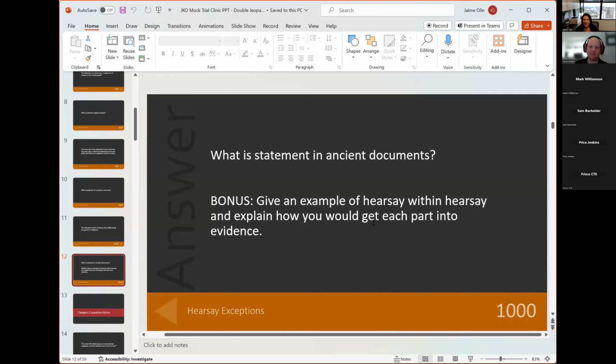So I guess Kevin and I are both ancient by those terms, but that's something that can come into evidence as a statement in ancient documents, because the rules of evidence find that documents that old and that are still in the public domain are probably not going to be as objectionable as something much more current that someone could have created or used in a way during the trial because they knew the trial was going to happen, or had some foresight about it.